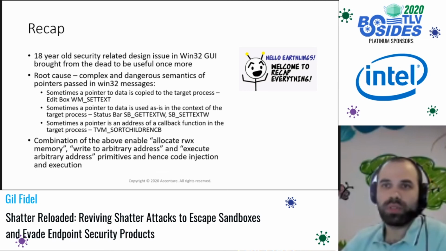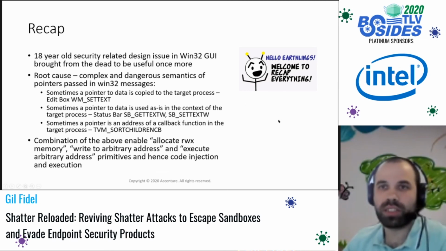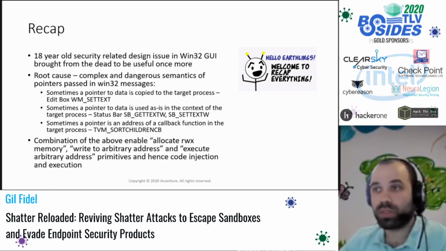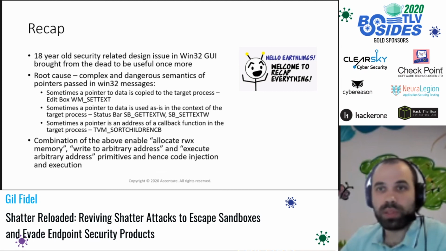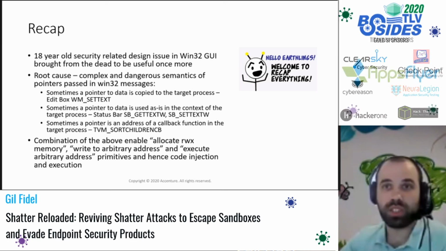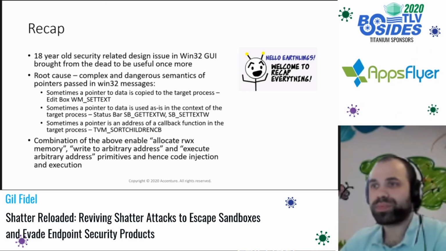You have pointers for some messages that are actually treated as strings, and they're serialized and copied to the target process. You have pointers to strings that are simply treated as pointers to data in the remote process, which helped us migrate the shellcode from one place to another.